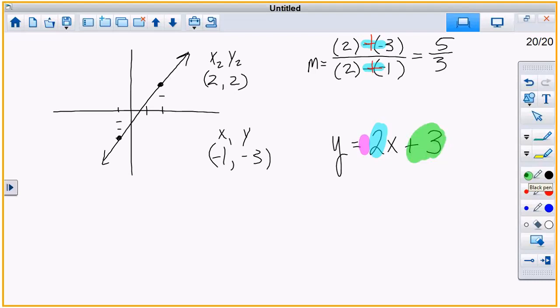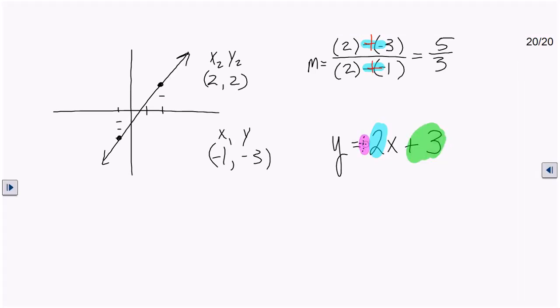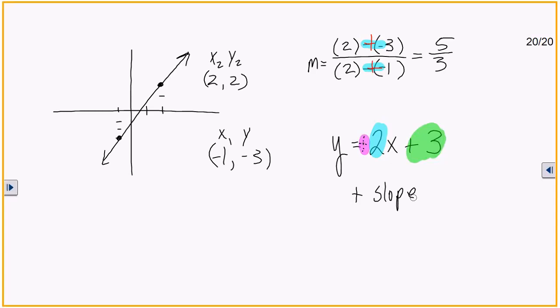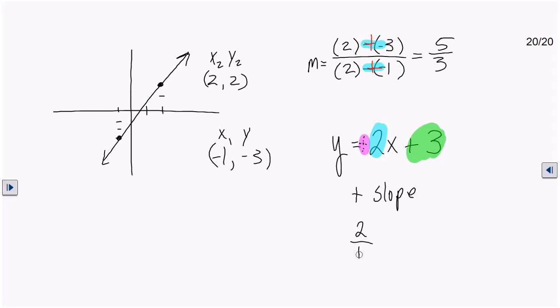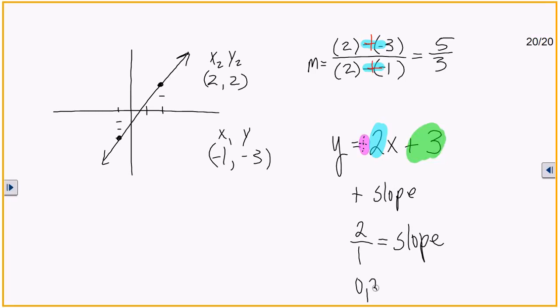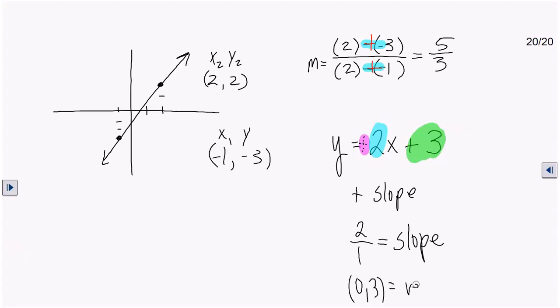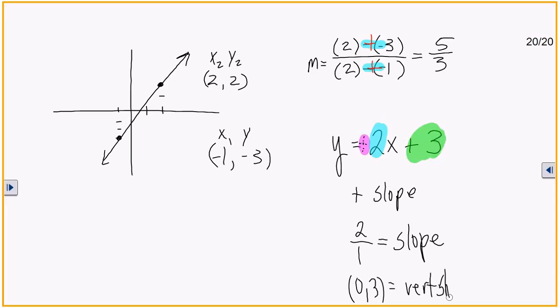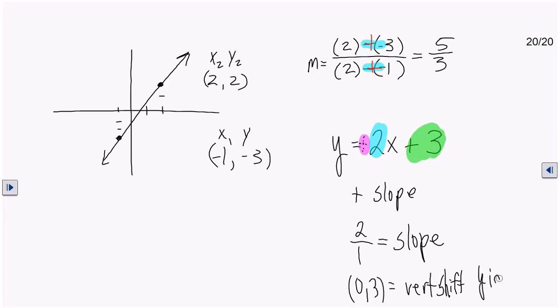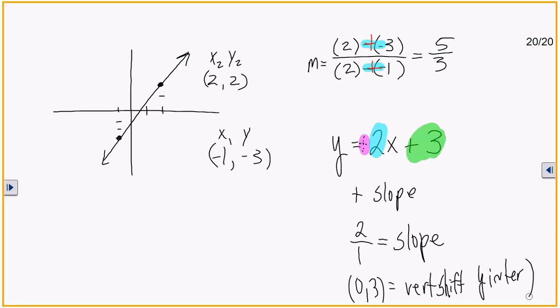So here, since there's nothing in front of that 2, it's a positive slope. You need to be able to say 2 over 1 is equal to our slope. And (0, 3) is our vertical shift, or you can call it the y-intercept, whichever one the homework or the test wants.